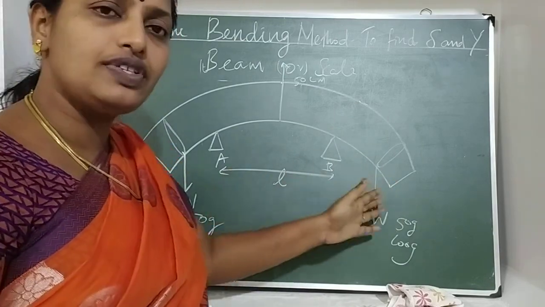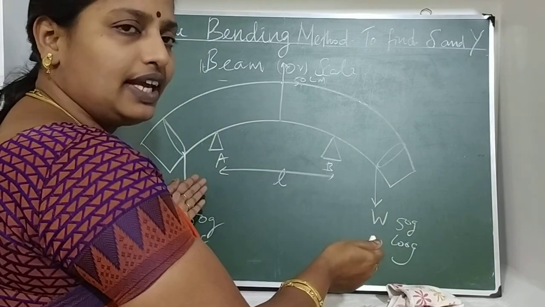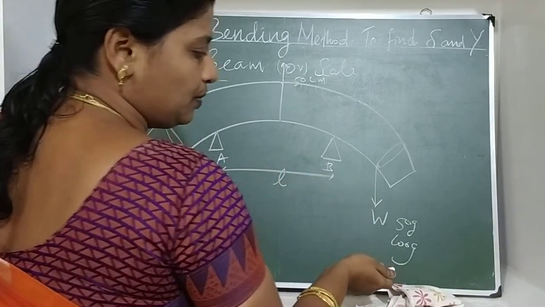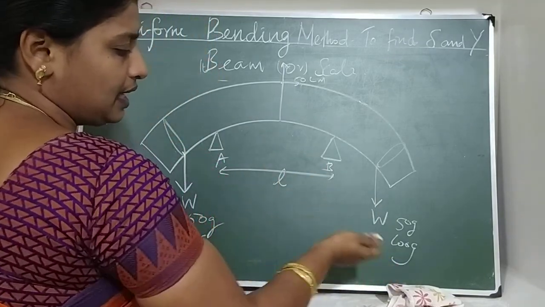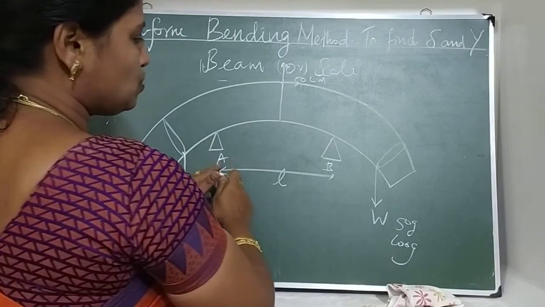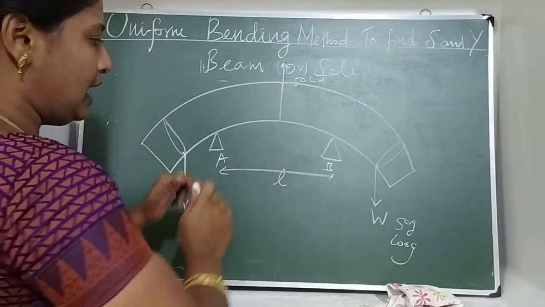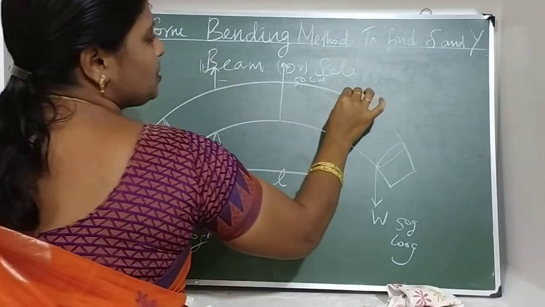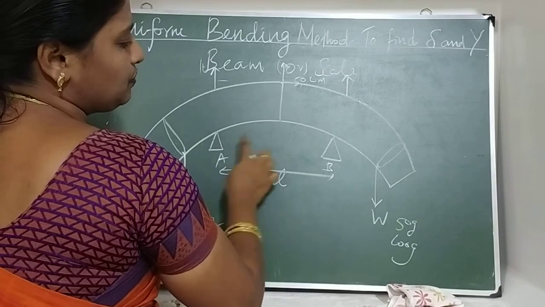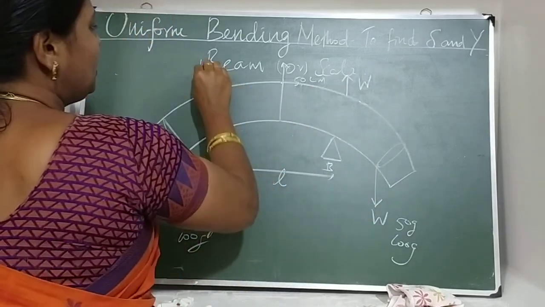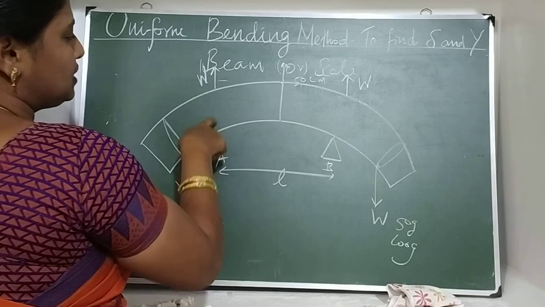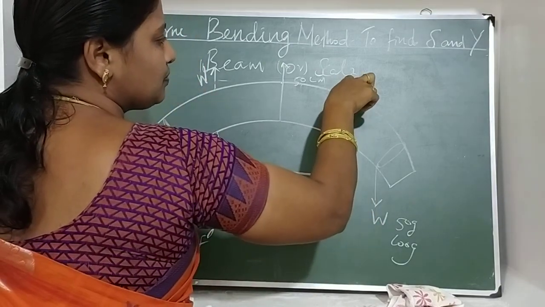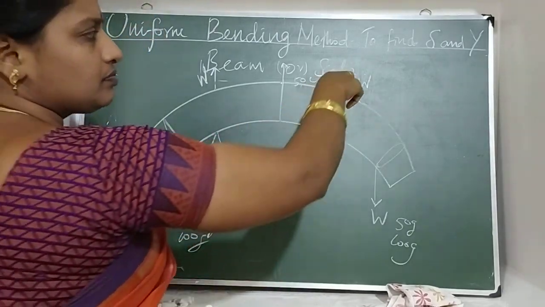This is the restoring force, or recovering force, after equal load is applied on both sides. We share the load equally: 50 gram, 50 gram, 100 gram, 150, 150, 200, 200. The two knife edges support the beam or scale, and in the opposite direction the upper surface supports against it. Each knife edge shares the weight, the same load that you apply, and the opposite side supports the weight by reacting.